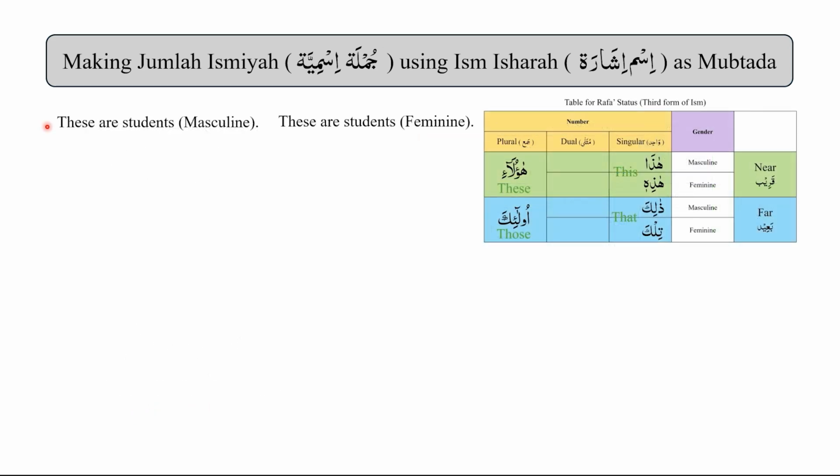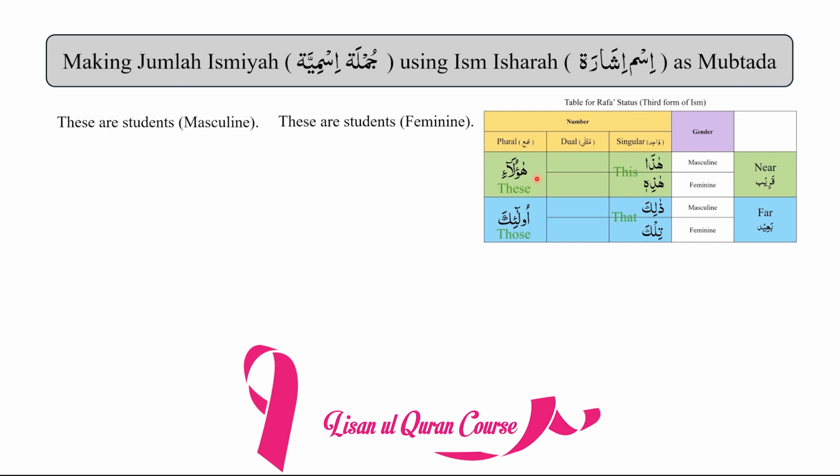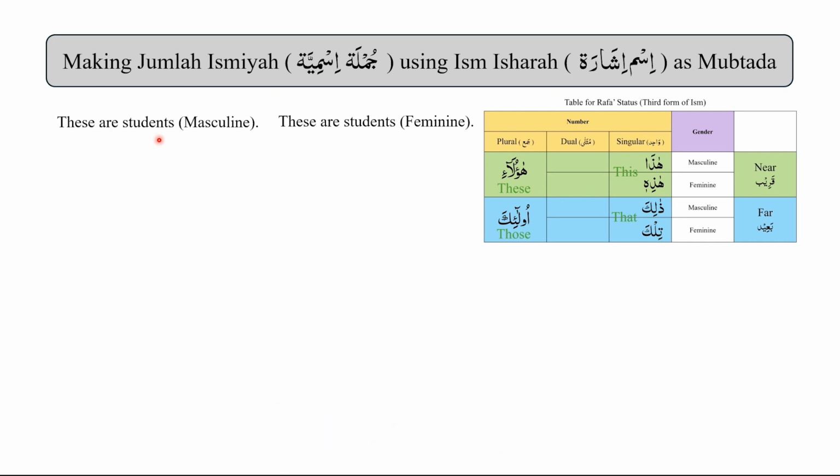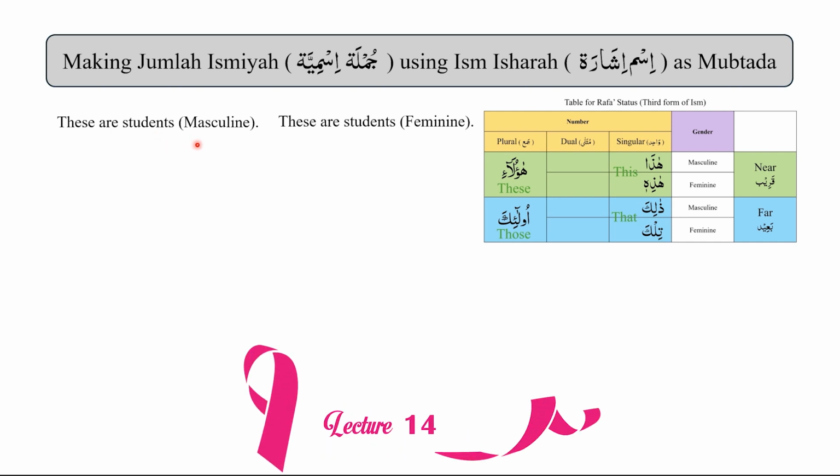Our next example is "these are students," and we are referring to students with a masculine gender. We have several clues from this sentence. "These" indicates that we are referring to a group of students that are nearby, so we will immediately focus on the near row. Furthermore, "students" indicates a plural group, and we know the gender is masculine.